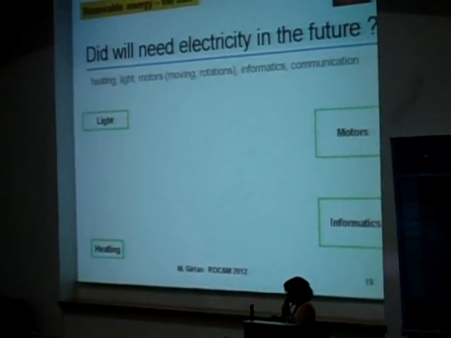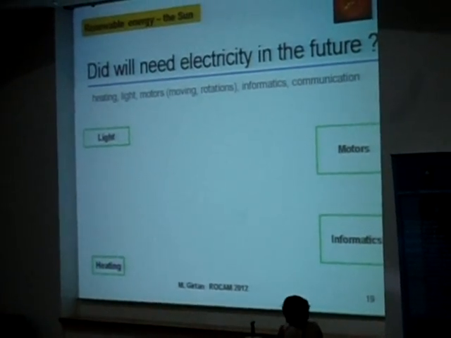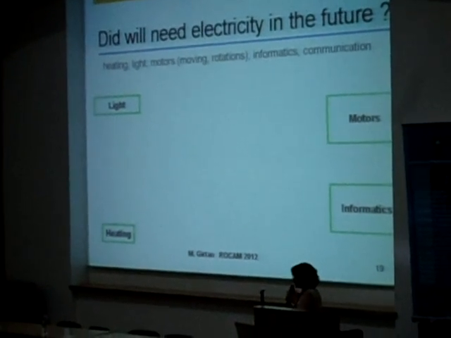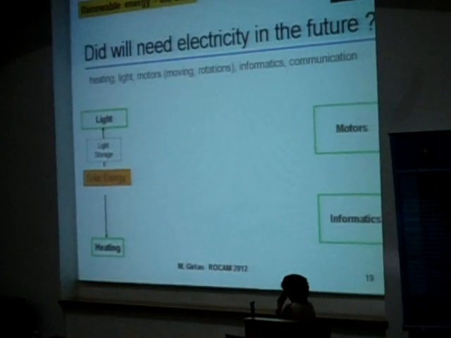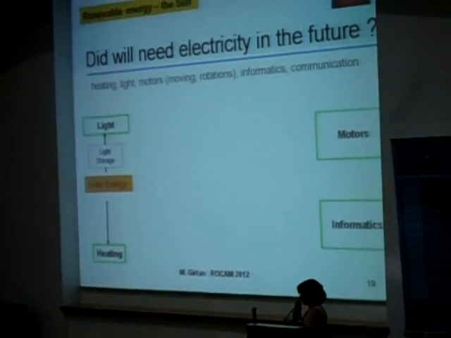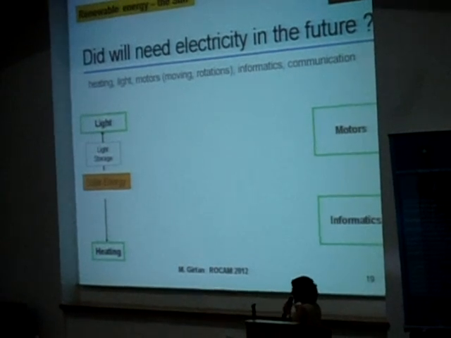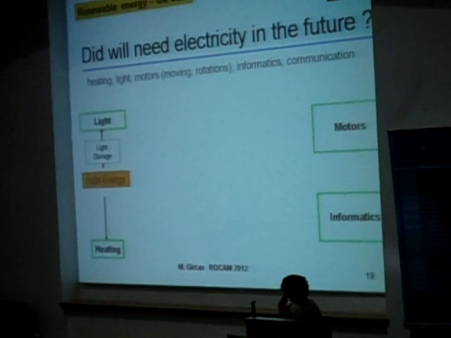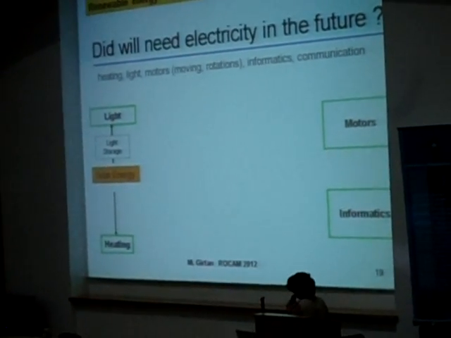Why do we need electricity? First, to heat, to have light, to use electricity for motors and informatics. Let's have a look at what we can do with solar energy. With solar energy we can produce light. If we find a way to store the light, we can heat very easily, since the sun heats everywhere.